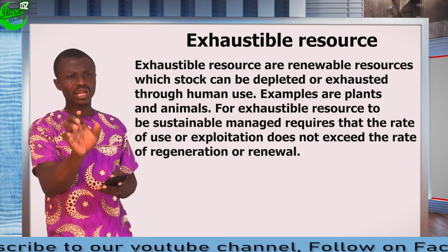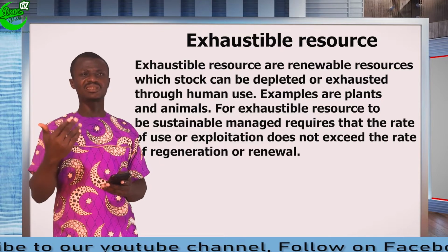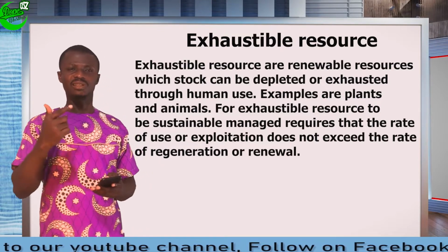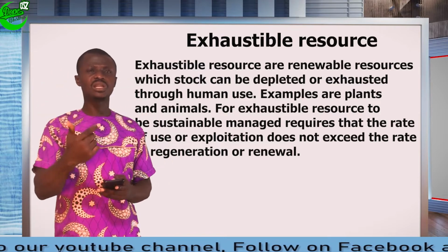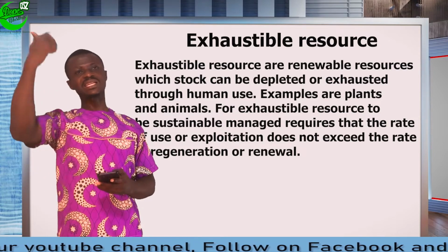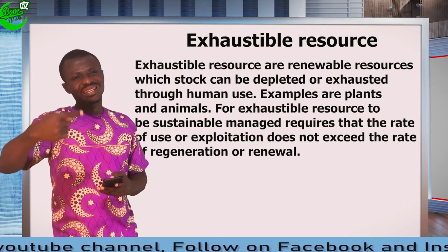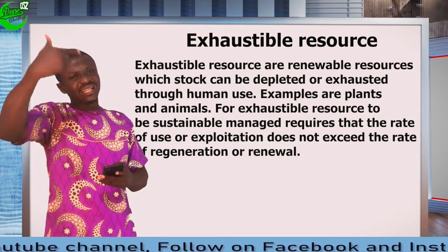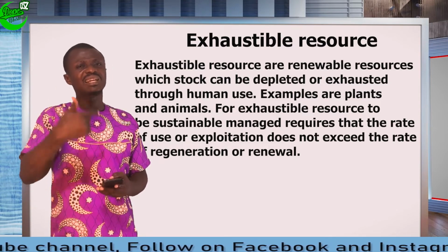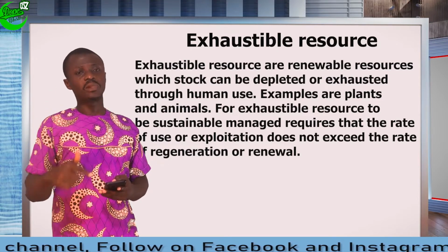Let me throw more light on this exhaustible, because it may confuse people. Why are you saying this thing is renewable? How come something that's renewable is going to be depleted? The point is, if we use the resource in such a way that it exceeds the rate at which it can replenish itself, either through natural or human process, or the rate at which it can be replaced, it means that gradually we are going to have a situation where that resource which was renewable will become depleted.